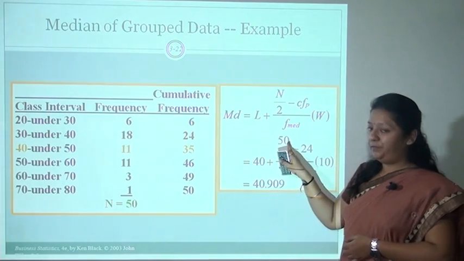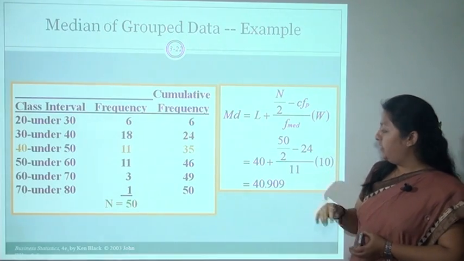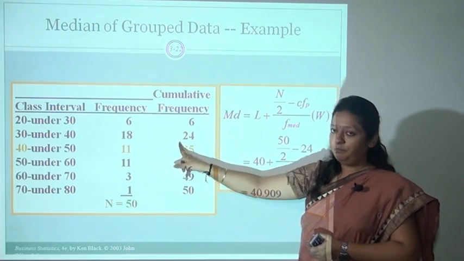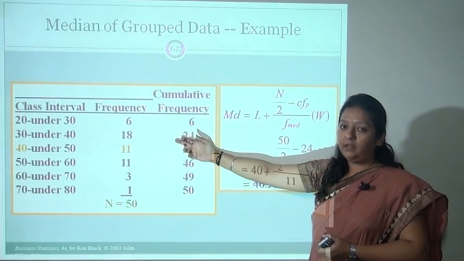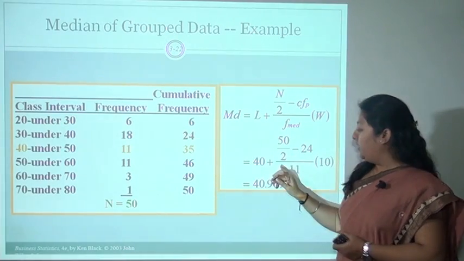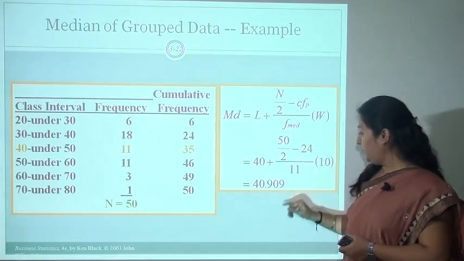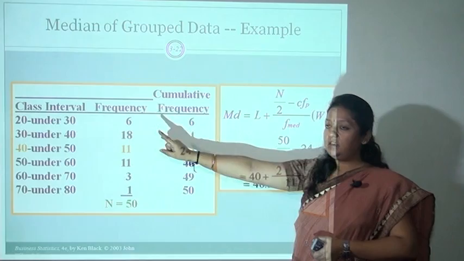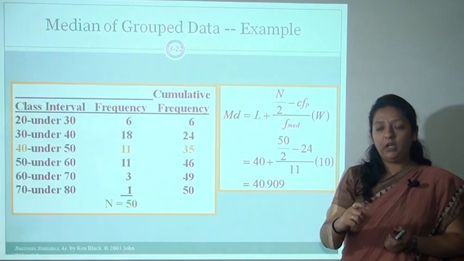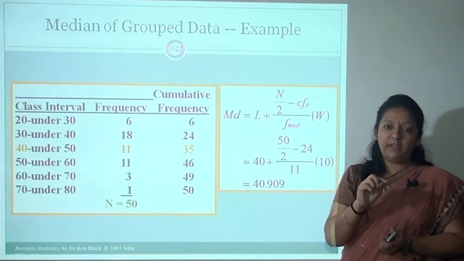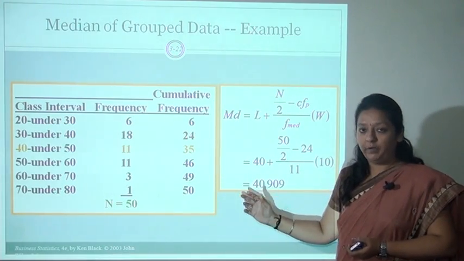N is 50, so 50 divided by 2, minus the cumulative frequency of the preceding class, that is 24, divided by 11, the frequency of the median class, into the class width. Our class intervals are given as 20 to 30, 30 to 40, so the width of the class interval is 10 in each case. So we get the value of the median for the group data.